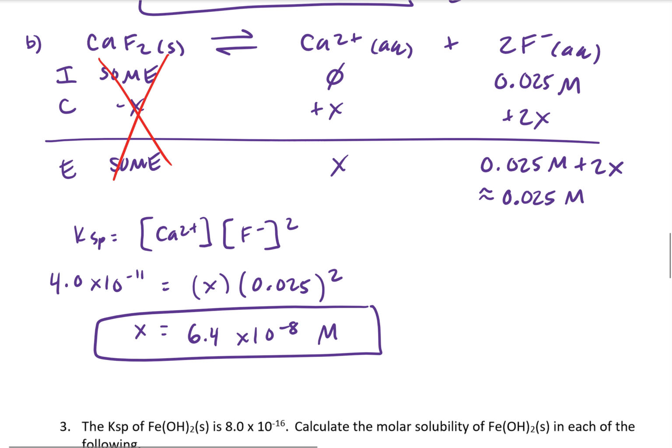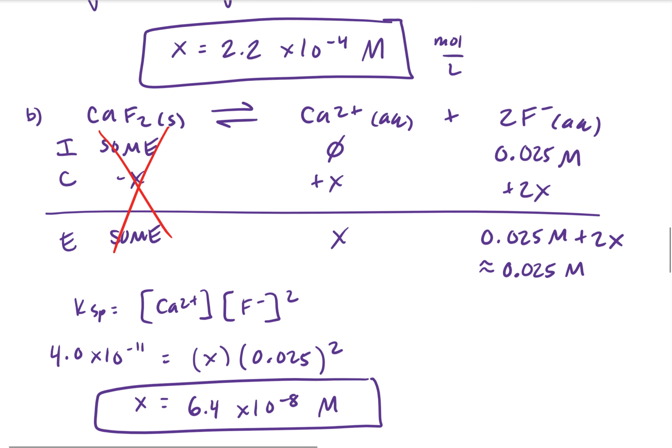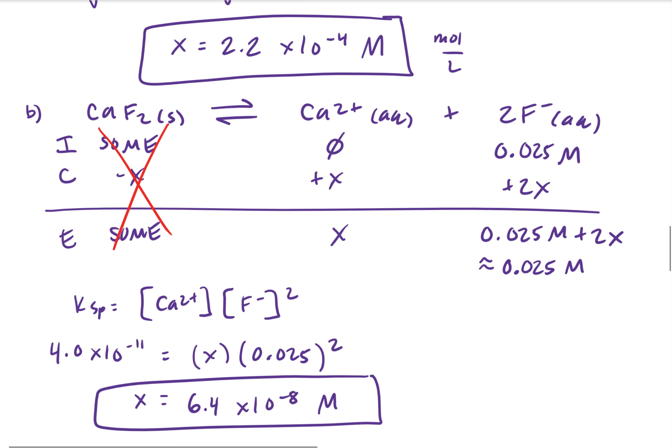And let's compare that to our answer from part A. In part A, when calcium fluoride dissolves in pure water, it has a molar solubility of 2.2 times 10 to the negative 4. And then now, in 0.025 molar sodium fluoride, it has a molar solubility of 6.4 times 10 to the negative 8.